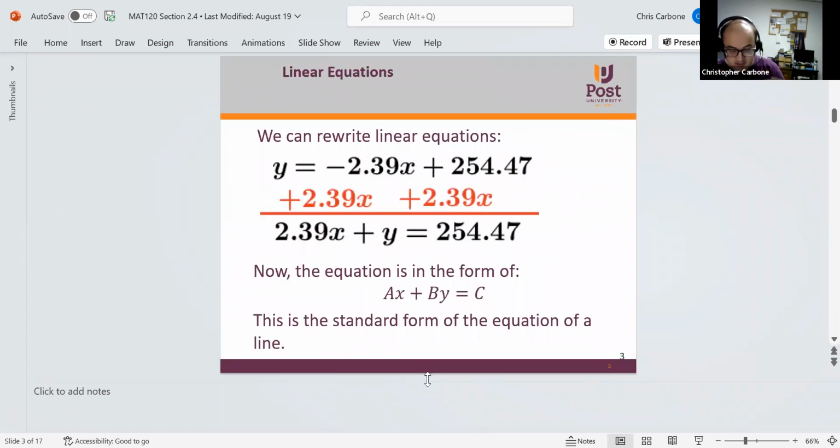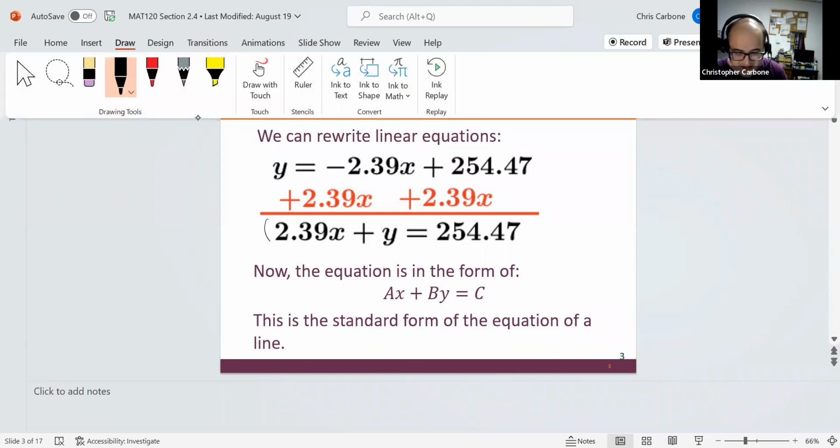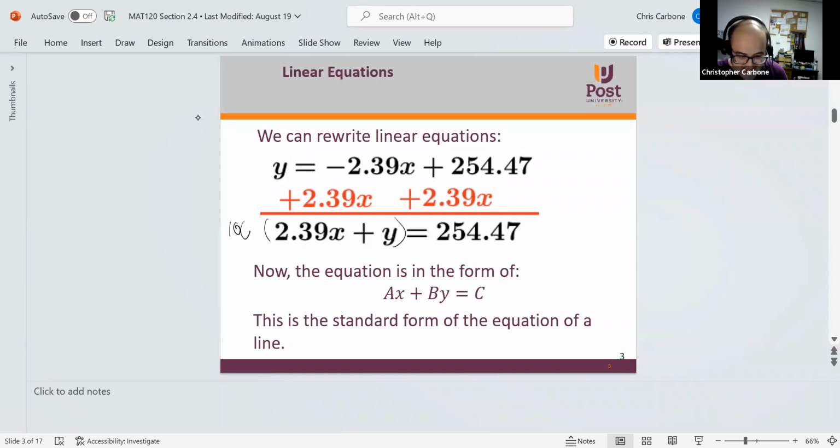So we could rewrite these linear expressions, right? We could add 2.39x to both sides, so this says 2.39x plus y is equal to 254.47. We could also then multiply by 100 here at the end, so that we don't have these decimals. And when I say multiply by 100, I mean multiply everything by 100, not just the x.